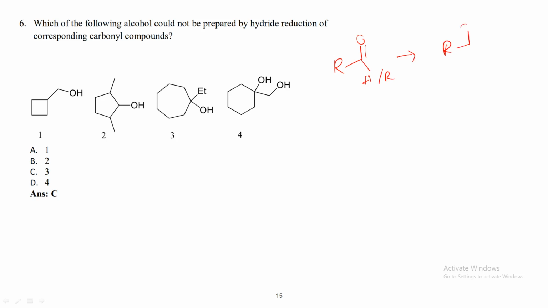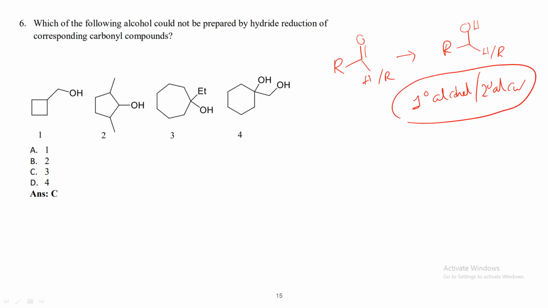With hydride transfer, there is primary alcohol or secondary alcohol. These two can be prepared by hydride reduction. So what we need to look for is a tertiary alcohol.